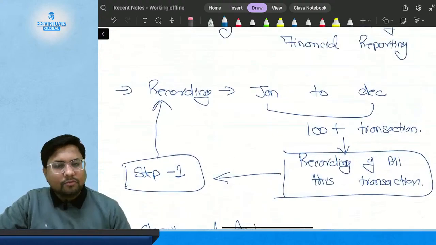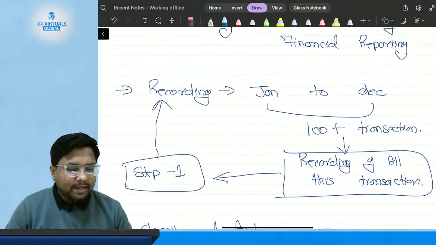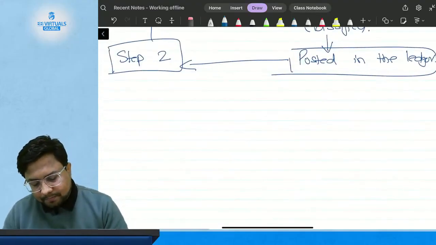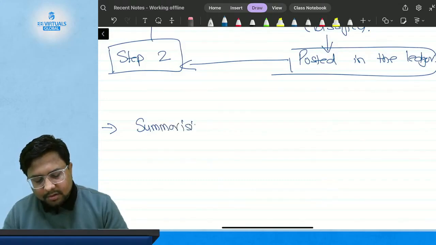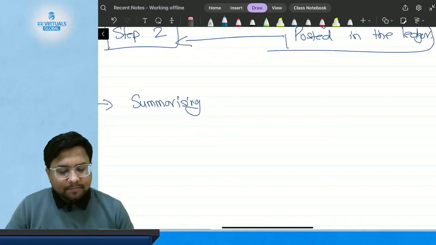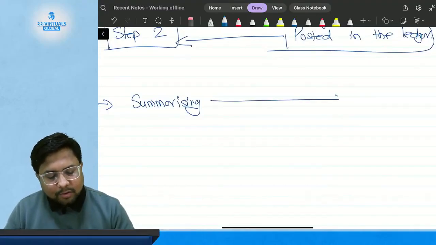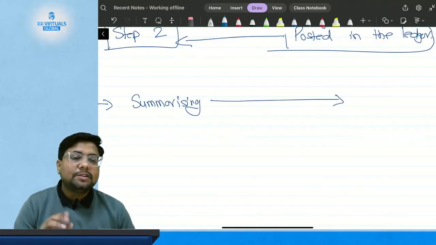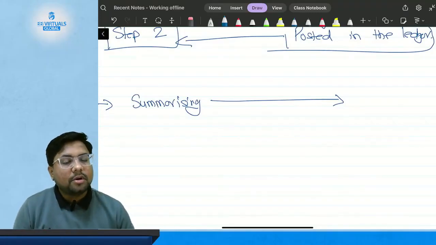So the very first step of financial reporting is recording. Second is classifying and analyzing. Then comes the third, summarizing. I have recorded all the transactions in step 1, and classified and analyzed them in step 2.